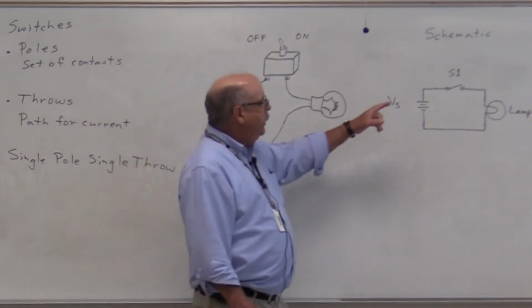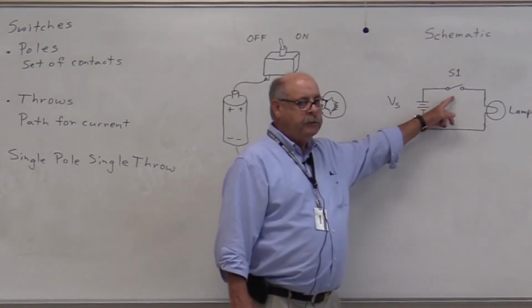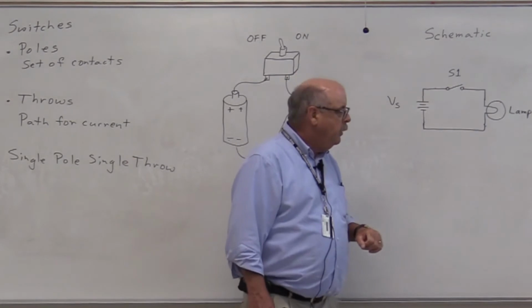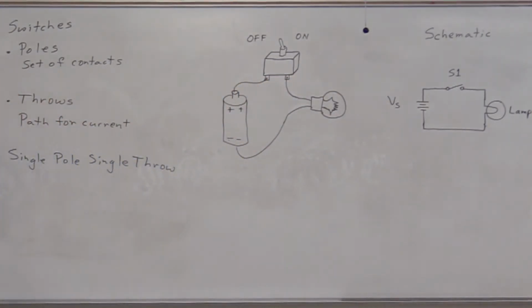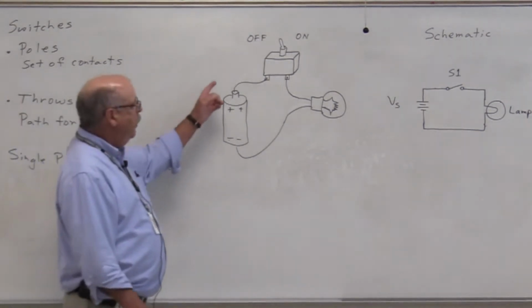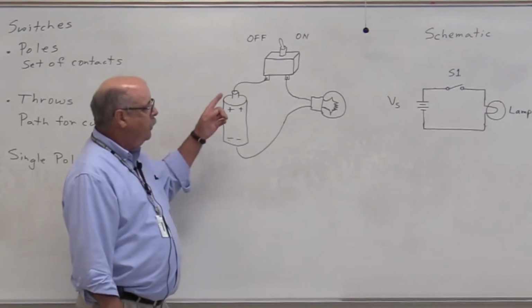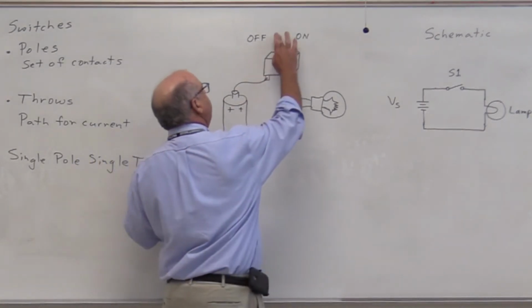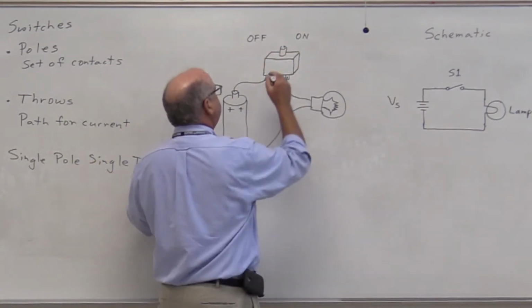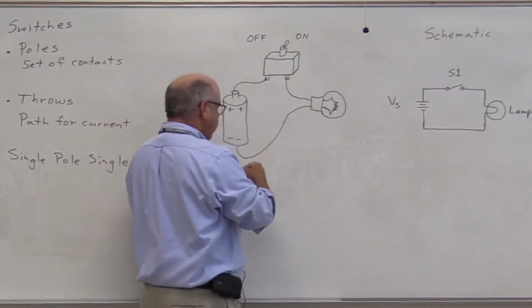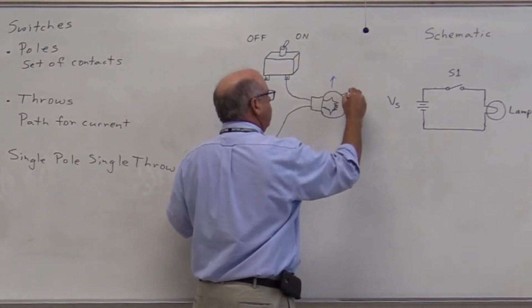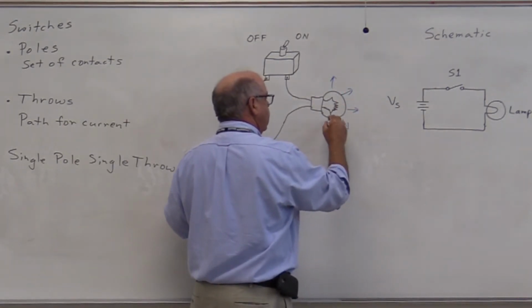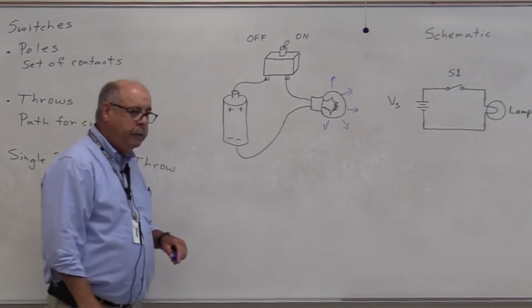The schematic symbol for a single pole, single throw switch is shown here as S1. So the switch is either in the off position, meaning that there's no path for current flow, or the switch is in the on position, which means there is a path for current flow, which of course will illuminate the lamp.